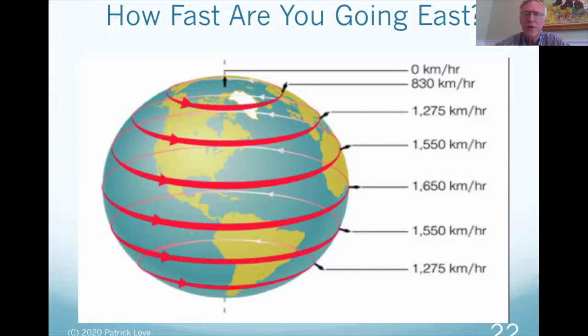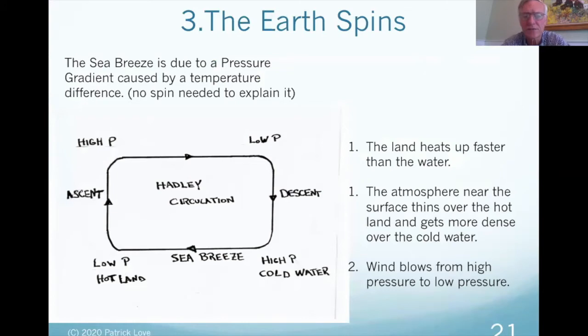So what you might expect is, if you think about the Hadley circulation, let's put the equator at the low pressure end of the Hadley circulation, basically over a hot part, whether it's water or land, we won't worry about too much. And let's put the North Pole at the high pressure end of this curve, where it says cold water today, but we're just going to say North Pole, right?